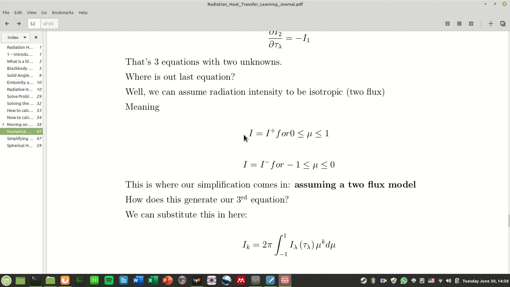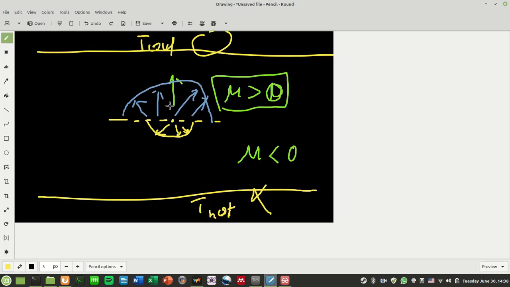For mu equals 0 to 1, or mu positive, it will be a certain I. So we call this I plus, because I is going in this so-called positive direction.